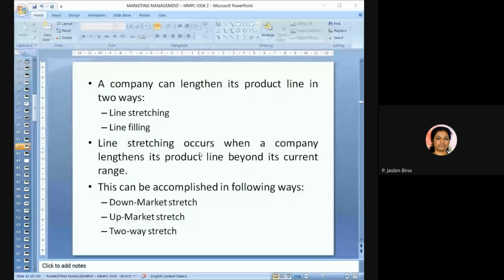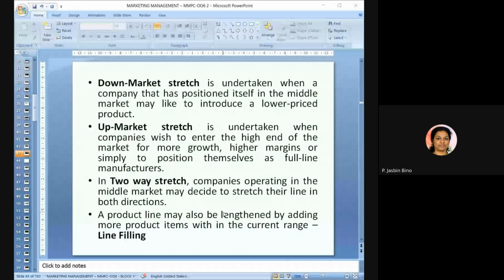So they can strengthen the product line in two ways, line stretching and line filling. Line stretching normally occurs when a company lengthens its product line beyond its current range. This can be accomplished in three ways: down market stretch, up market stretch, and two-way stretch. Down market stretch is normally undertaken when a company that has positioned itself in the middle market may like to introduce a low price product.